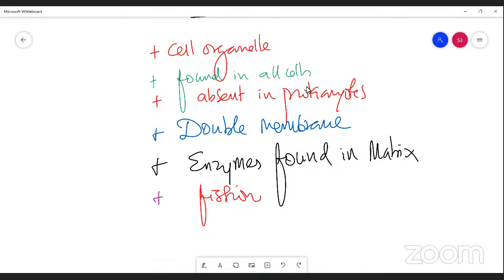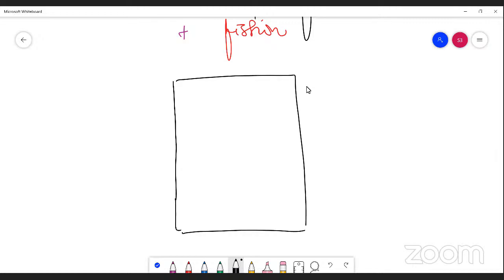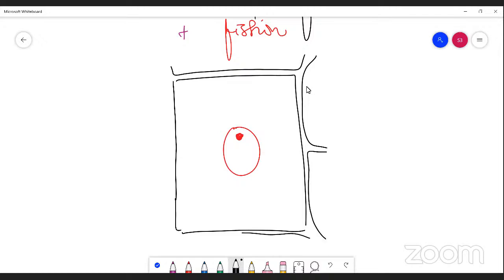Okay. Now, if we take a mitochondria, where is it exactly? Let us take a plant cell in which it is also found. At the center, you find the nucleus, right? And in addition to the nucleus, the mitochondrial structure is also present.